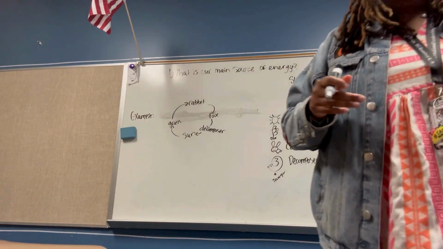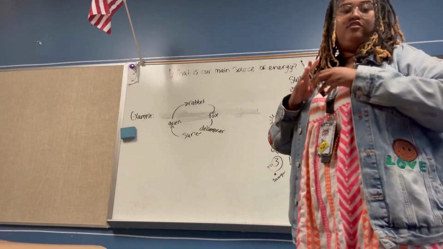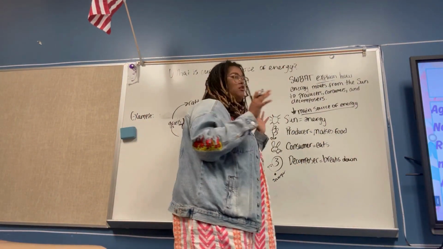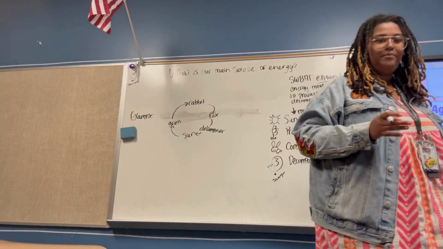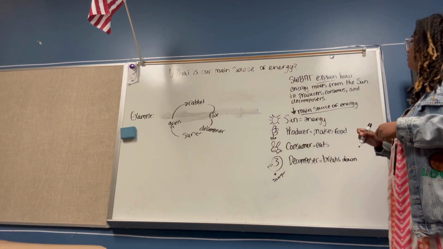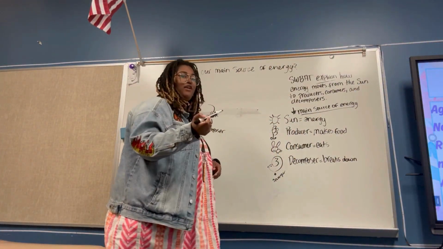Now, let's do a think aloud. I'm thinking energy starts at the sun. It goes to our plant, and then it goes to our animal, right? What all of that beautiful thing is called is energy flow. So we can demonstrate that here.